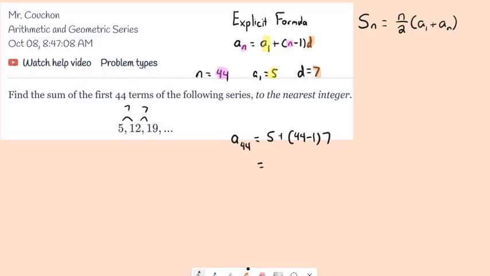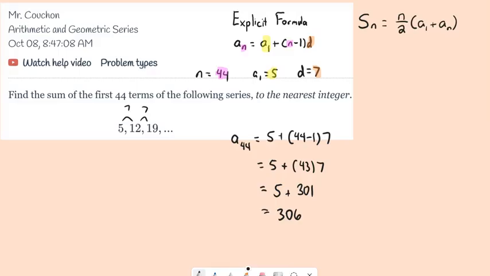Okay, so 5 plus 43 times 7. I know that 43 times 7 is 301. So 5 plus 301 is going to be 306. Okay, so our 44th term is going to be 306.